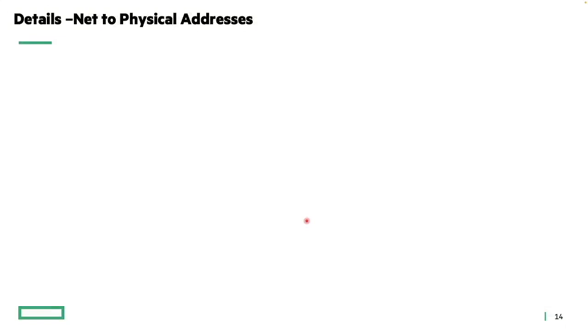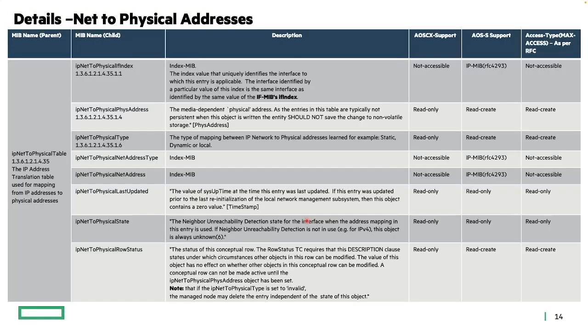All right, let's get into the net to physical address, same MIB, talking about our table entries. You will find the parent MIB as IP net to physical table here, and that's .35, and the child MIBs are 35.1.1, 35.1.4, and so on. With the name as well, you can retrieve those OIDs and their description, right?